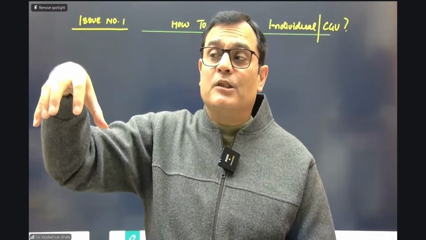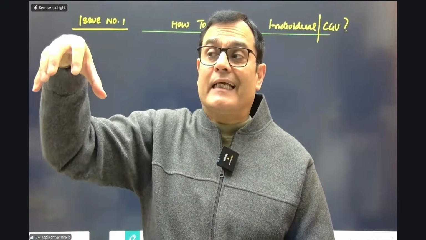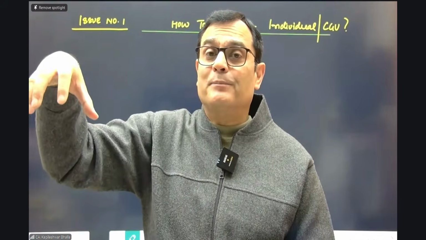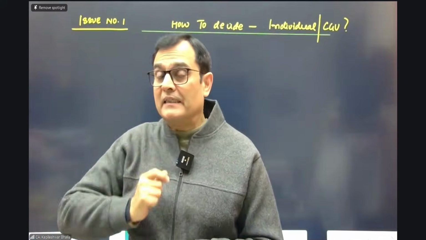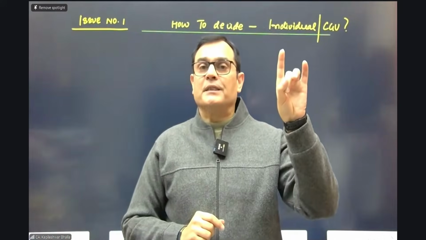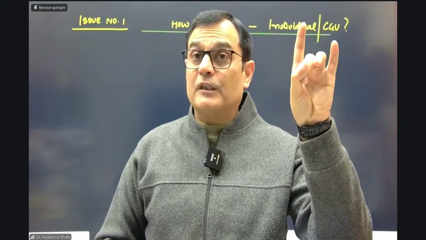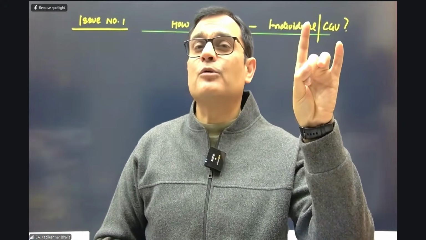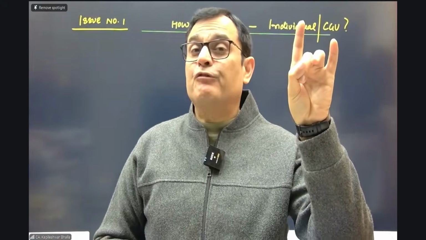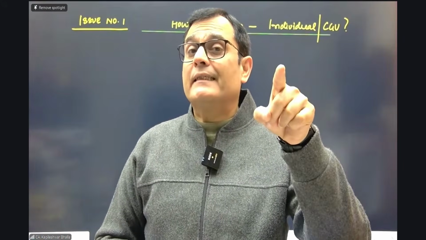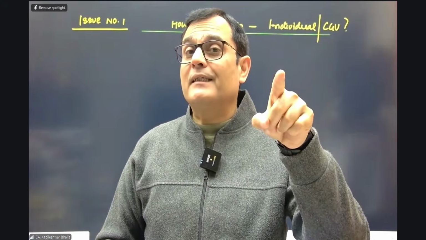So the first is, is the individual asset generating cash flows largely independently? Mind the words. Is the individual asset generating cash flows largely independently? If you say yes, you need to go to the step 3. If you say yes, you cannot decide that impairment testing will be done at the individual level.